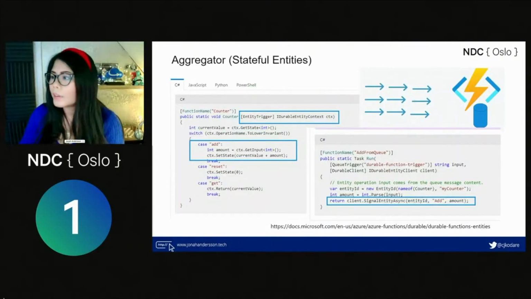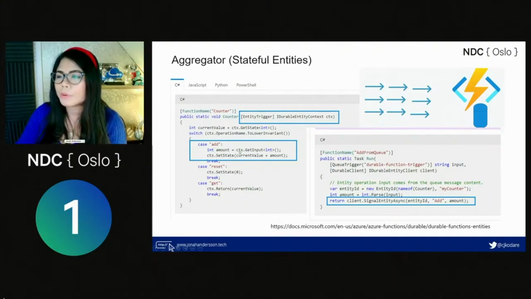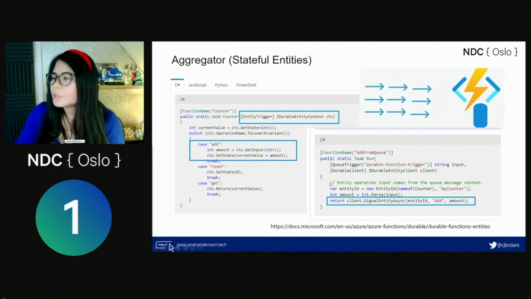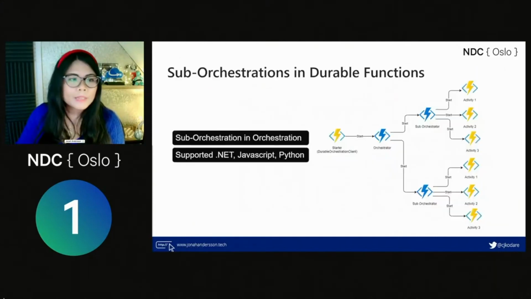Here is an example in which you have a counter with different switch cases for add, reset, or get, and also if you want to use the durable entity client. You can read more about durable function entities through the documentation below.